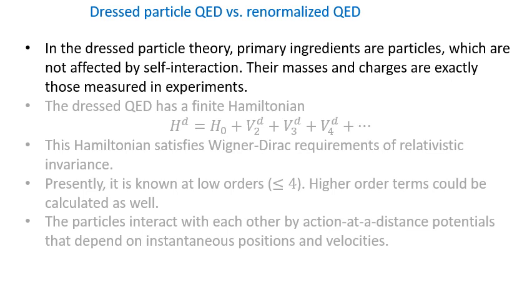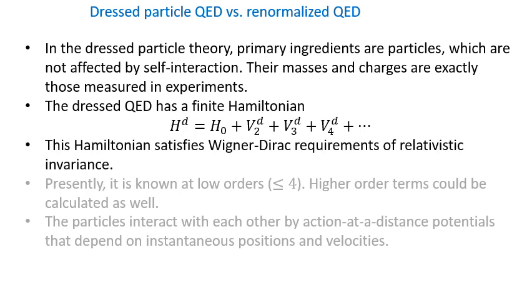So there is no need for renormalization. The masses and charges used in the dressed Hamiltonian are exactly the ones from physics handbooks. The Hamiltonian of the dressed particle theory is finite. The theory is relativistically invariant.